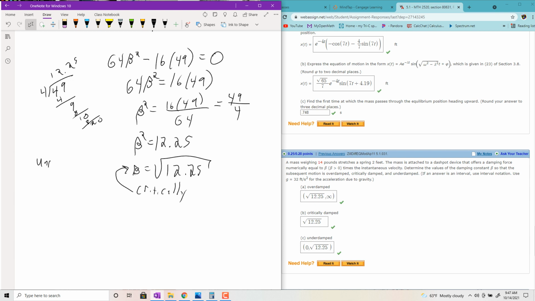For underdamped, where you actually have oscillation, that will go from 0 to the square root of 12.25. And then for overdamped, that will go from the square root of 12.25 to infinity.